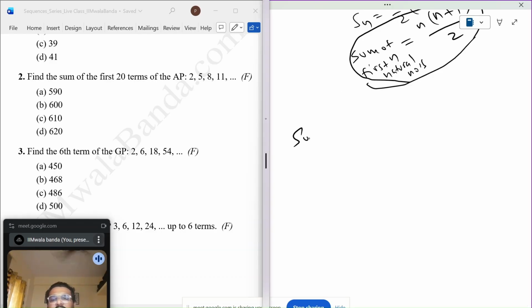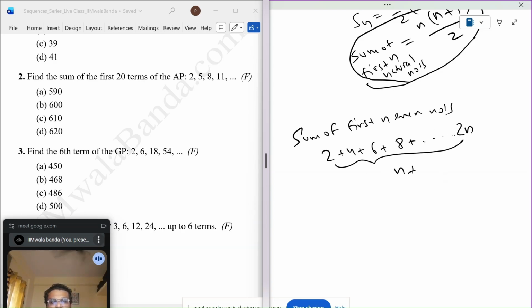Similarly, if I want to find the sum of first even numbers, 2 plus 4 plus 6 plus 8 up to 2n. Okay, so this becomes n terms because I am writing it. This is the first term, second term, third term. So the nth term will be 2n, right?